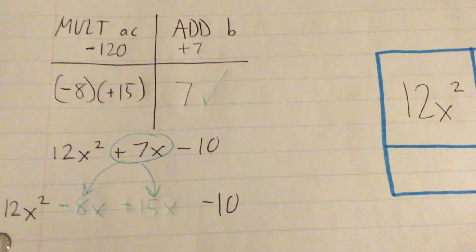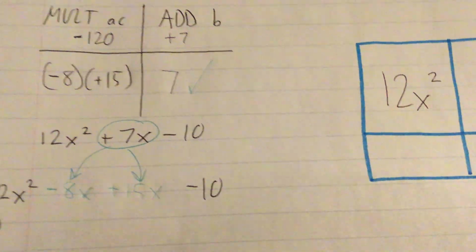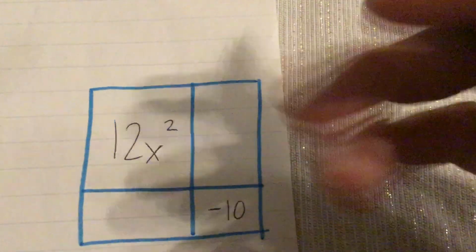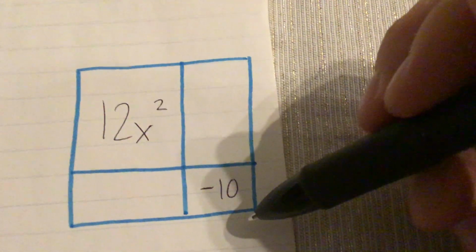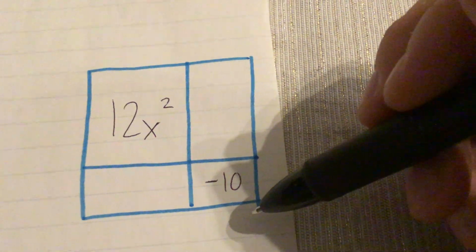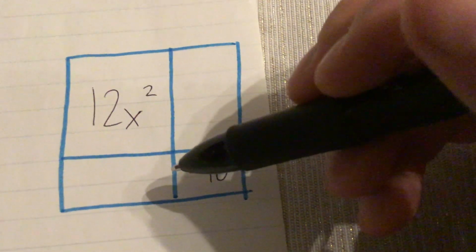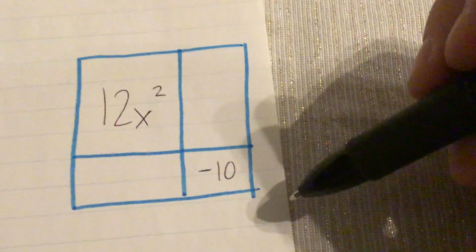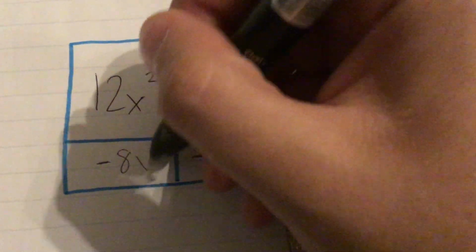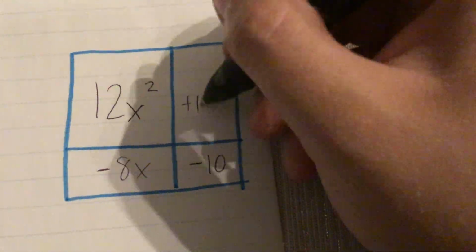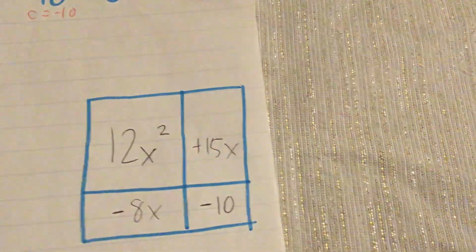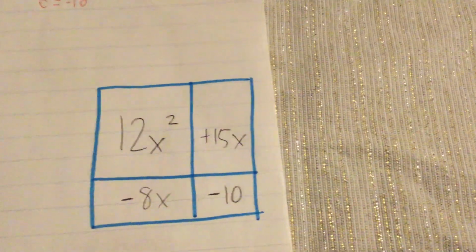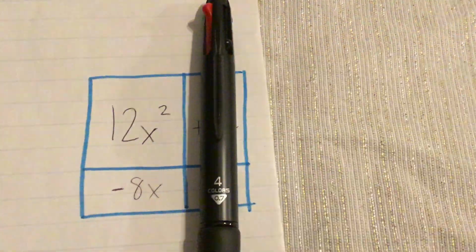Okay, so now we're in business. Now I've got 12x squared in the big fella, negative 10 in the small fella, and yes, they're rectangles, I call them fellas. But now these split bx's, it doesn't matter which one I pick. So if I put negative 8x here and positive 15x here, it doesn't really matter. Now I'm going to cover the right column.